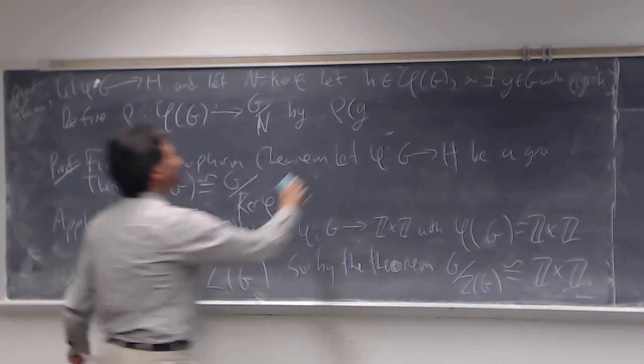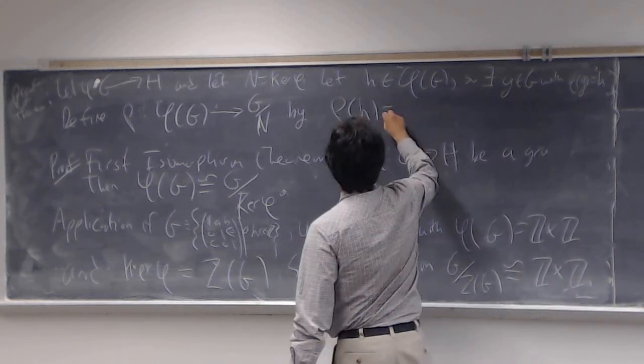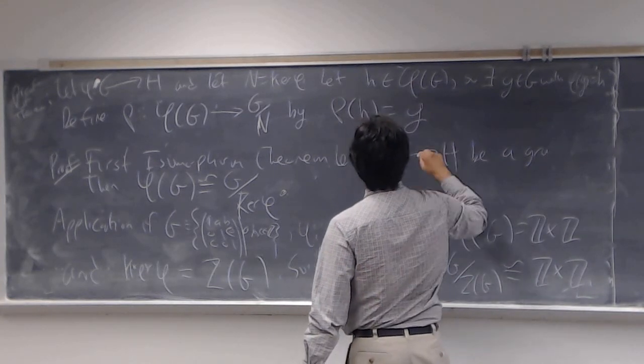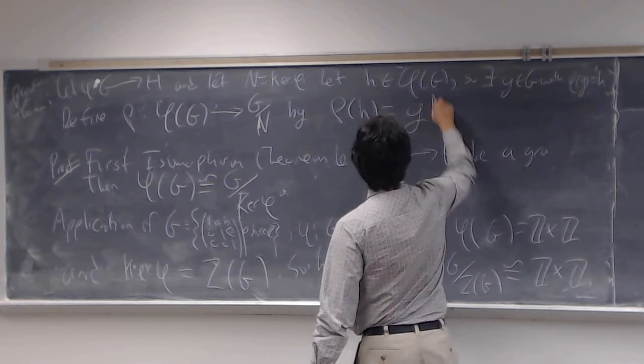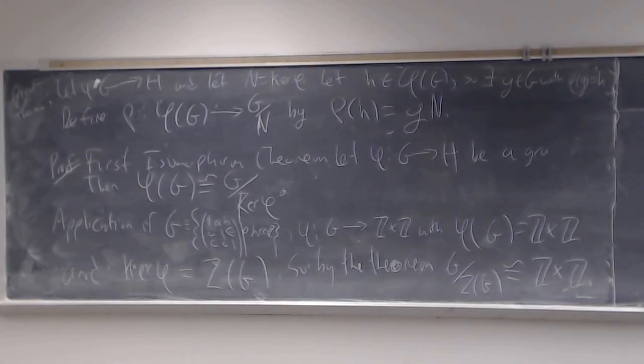That's an h. So rho of h is equal to g times N. So in other words, if h is in the image, h has to come from some g. So what I'll define, I'll say rho of h is going to be that coset determined by that g.